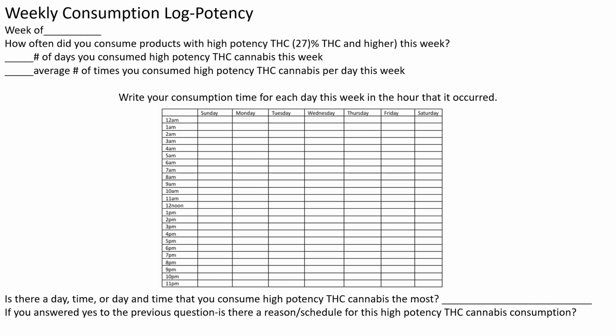And let's say you did that same schedule 3 days this week, so you have 3 days out of the week you consume high potency cannabis, and the average number of times you consume high potency per day would be 2. And then you would answer the question, is there a day or time that you consume high potency THC cannabis the most? You would look on your graph and see if you have a pattern, and you would answer the question.